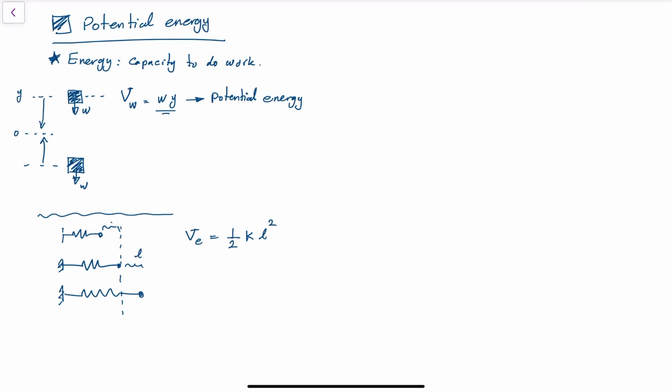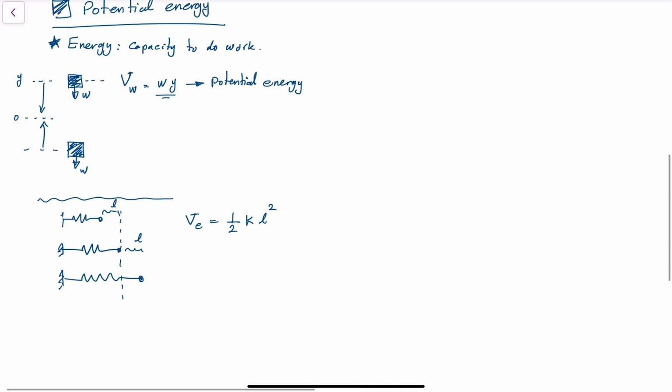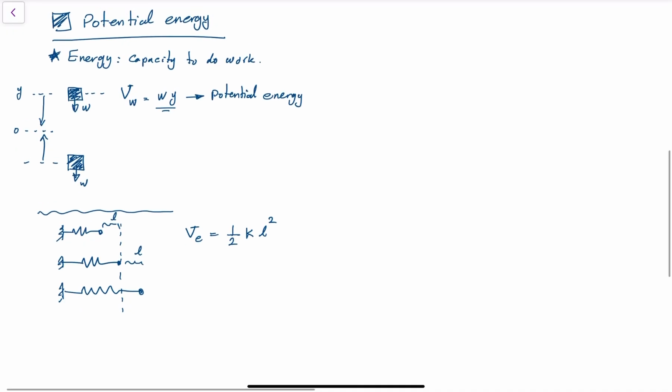And L is this. Doesn't matter if you're stretching or compressing. Either way, you store some energy, some capacity inside your spring to allow it to do work. And in either way, you're storing positive value of energy.